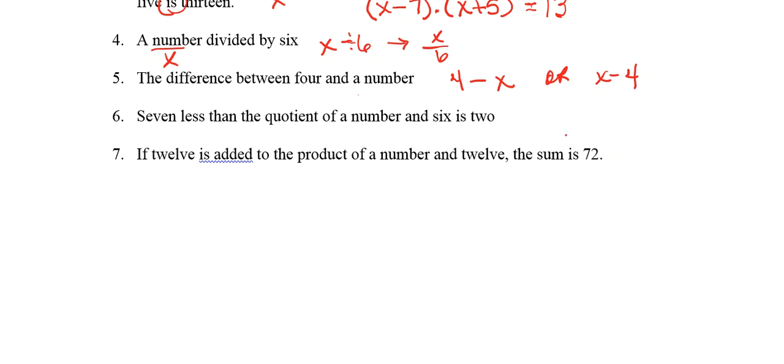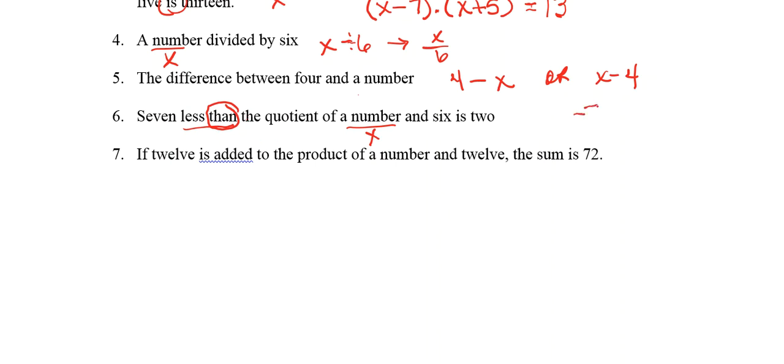7 less, so we got some subtraction going on. I see quotient, so I see some division of a number. There's our variable. And 6 is 2. So let's see what we got. We have 7 less than. This is important. If you see the word less than, that means this is the second part. If you just see 7 less the quotient, then 7 is the first part.